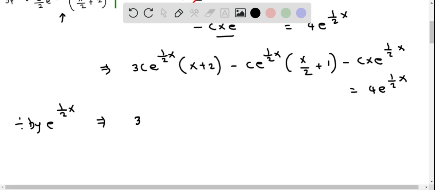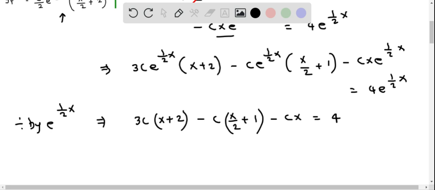So this first term will be 3c times x plus 2, minus the second term will be c times x by 2 plus 1, and third term will be minus cx, and this equals on the right side we will be left with only 4. Now let's simplify this and solve for c.